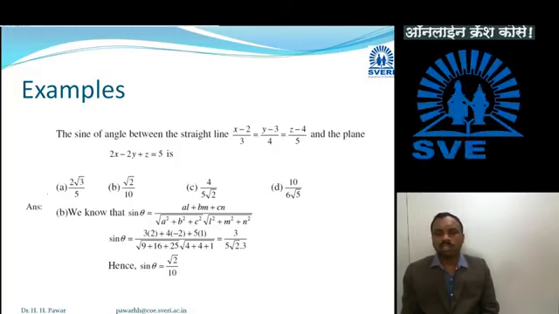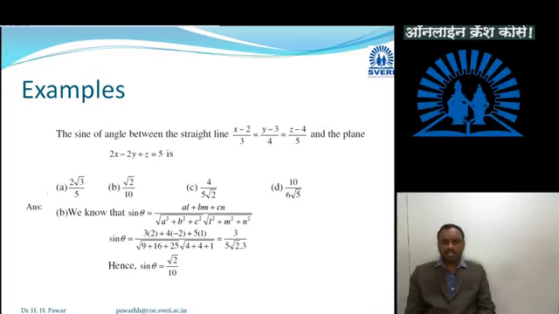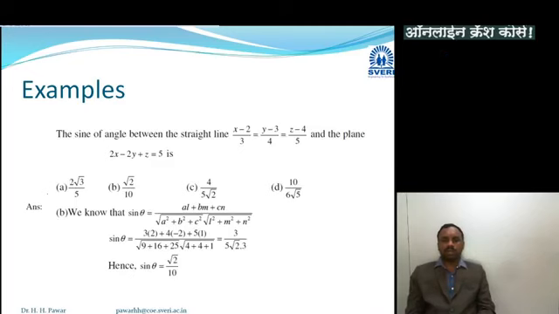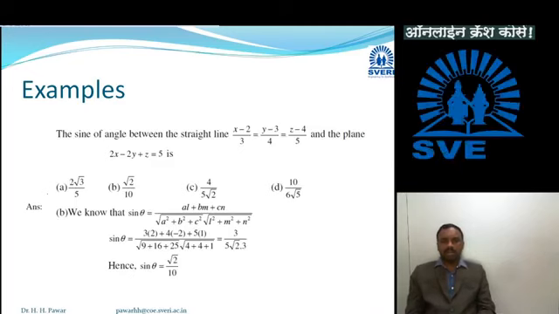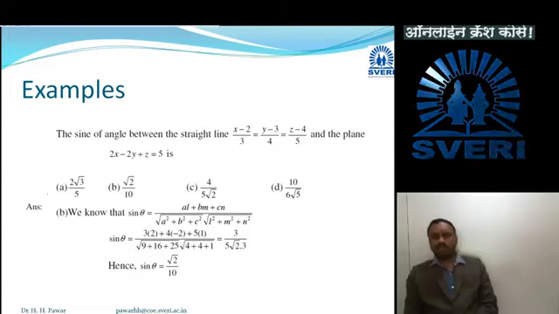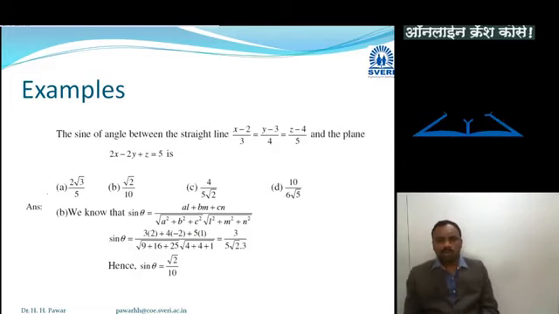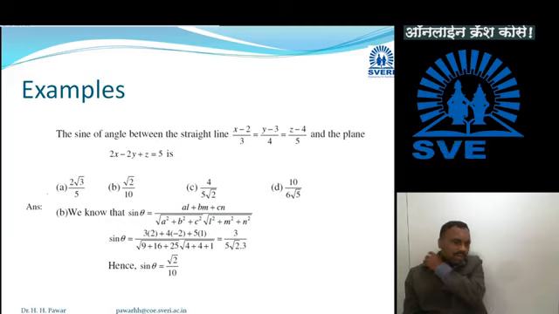By having the formula sin theta is equal to (AL plus BM plus CN) divided by square root of (A square plus B square plus C square) into square root of (L square plus M square plus N square), then put the values of A, B, C in this case. We'll get 3 into 2 plus 4 into minus 2 plus 5 into 1 divided by square root of 3 square plus 4 square plus 5 square, that is square root of 9 plus 16 plus 25, and square root of 2 square plus 2 square plus 1, that is square root of 4 plus 4 plus 1, which gives us 5 root 2 into 3.